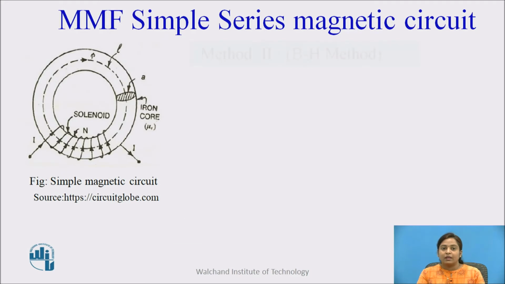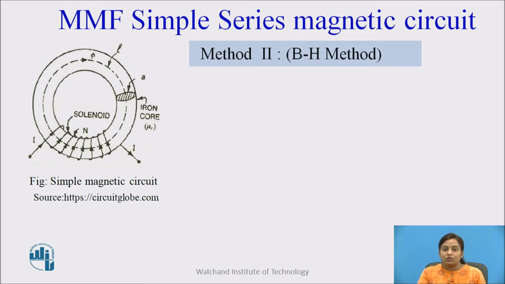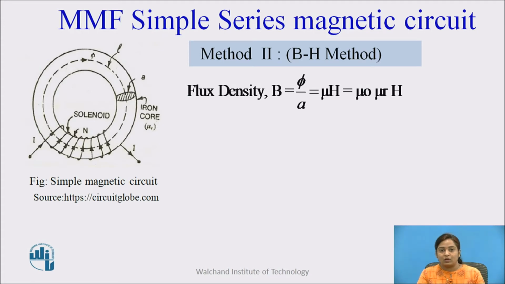Okay, now the second method to calculate MMF is by using B and H value. Okay, so B is nothing but flux density.